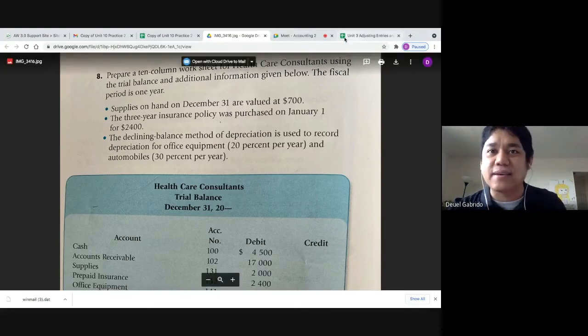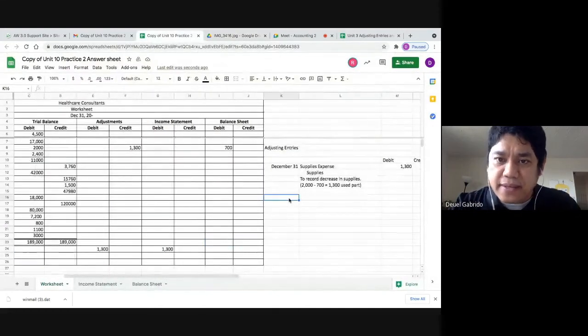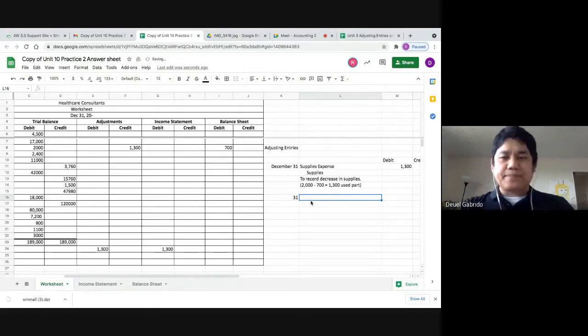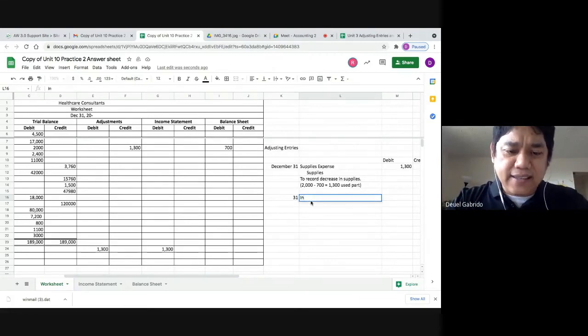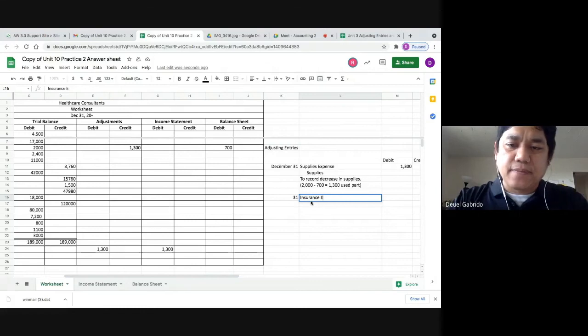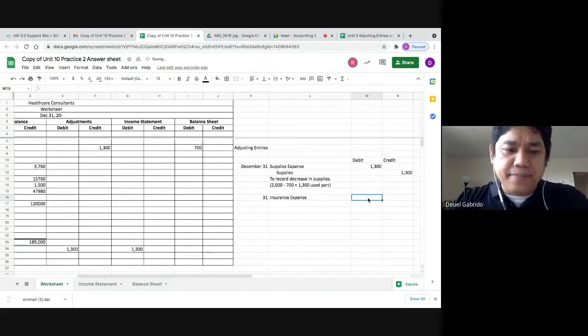So each year, you use $800 of the insurance. Okay, so let's record the expense. The second adjustment, December 31 as well. What must be our debit? Always begin with the expense part. So this one is insurance expense. The amount is how much? 800, yes.